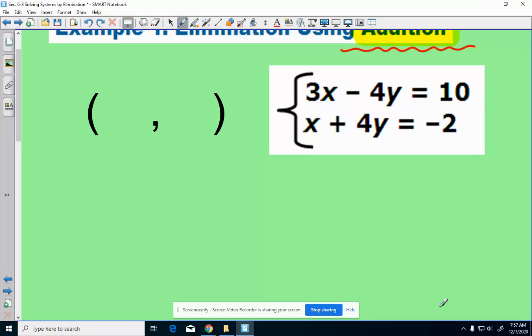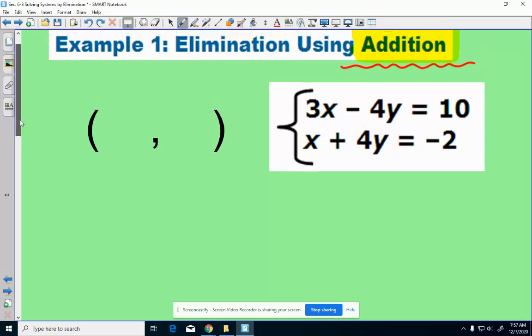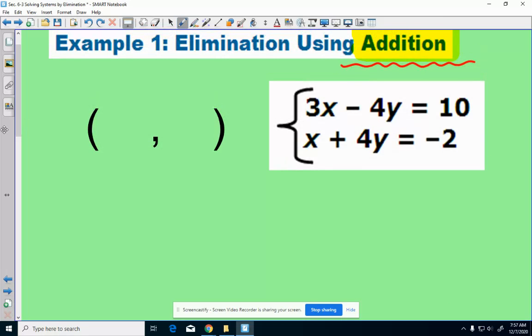So one, it already is kind of set for elimination. But then secondly, notice that if you see those y values right now, they currently are opposites of each other, a -4 and a +4. So when we say using elimination with addition, notice that if I simply take these two equations and I add them together, what's going to happen?